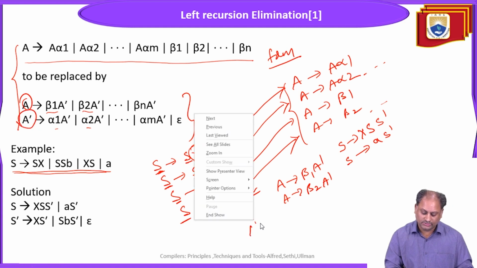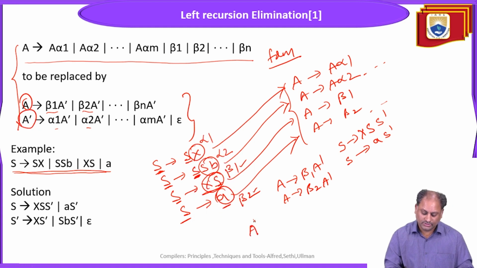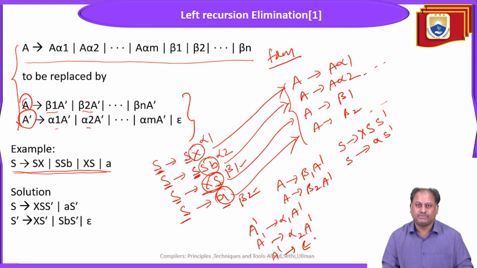That is A dash. So A dash derives alpha 1 A dash, and A dash derives alpha 2 A dash, and then A dash derives epsilon also. That is epsilon, also one of the categories to include in this step. Okay, these are the three.